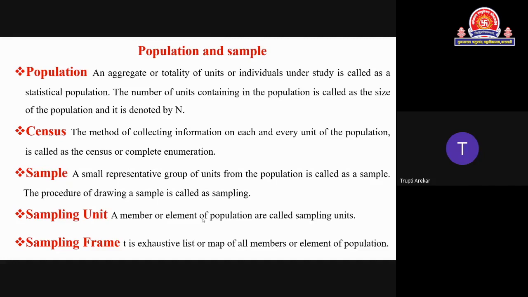In this case, some representative items are selected from the population so that all important characteristics of the population are covered in the items of the group. Such a group is called a sample, and the method of selecting such a group is called the sampling method.